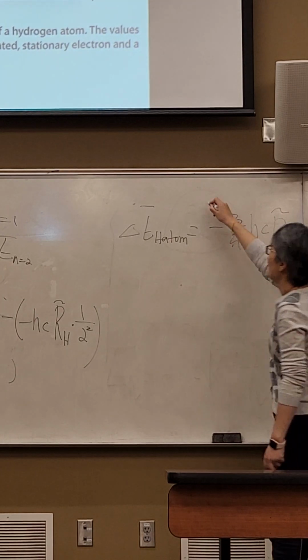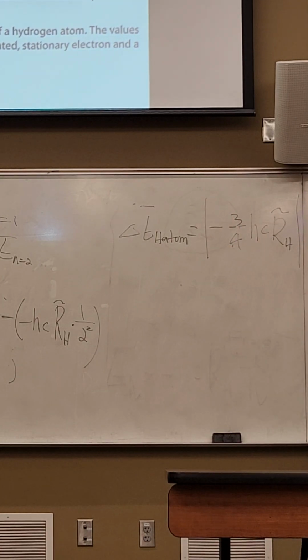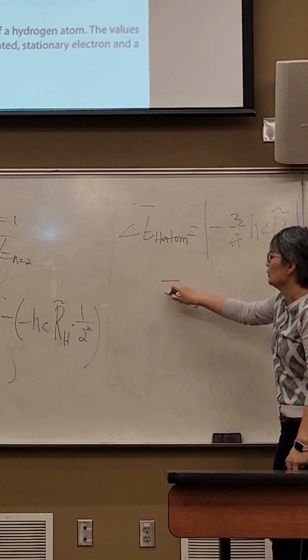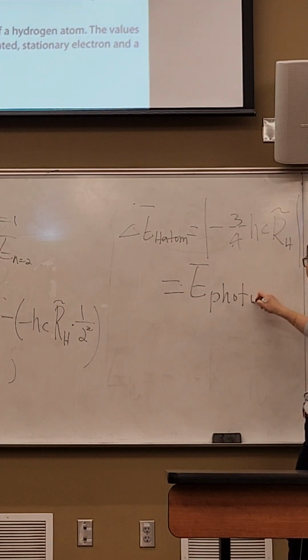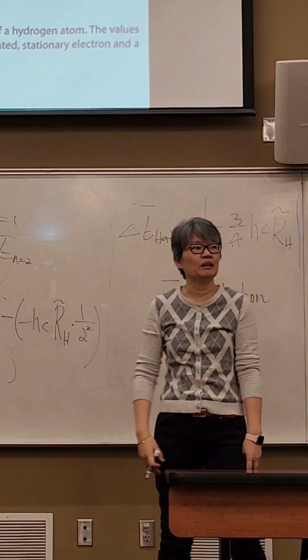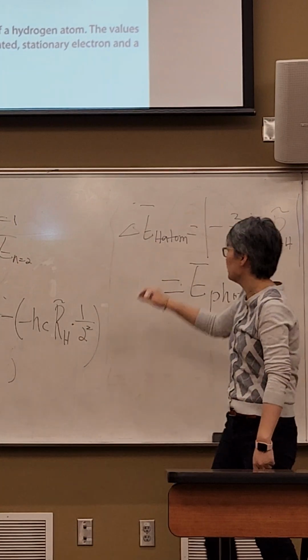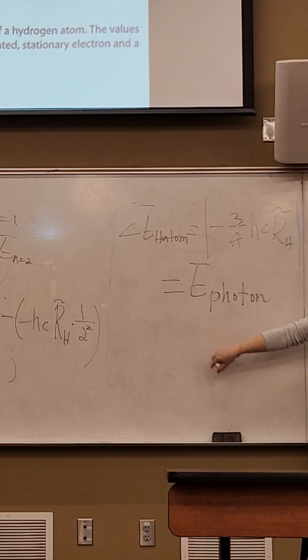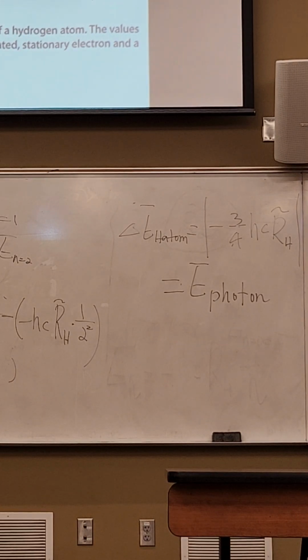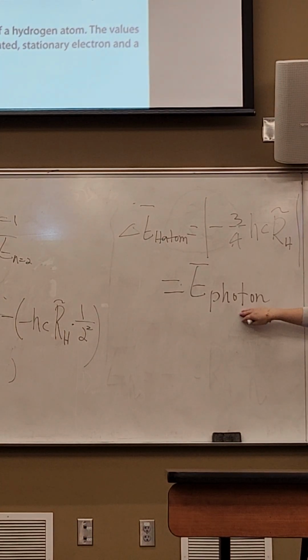I don't particularly care, I already know it's an emission, so I just want the magnitude of the energy, and that equals the energy of the photon. That difference in energy between those two quantum states will be released as light, so whatever the difference is directly equals the light that is released.